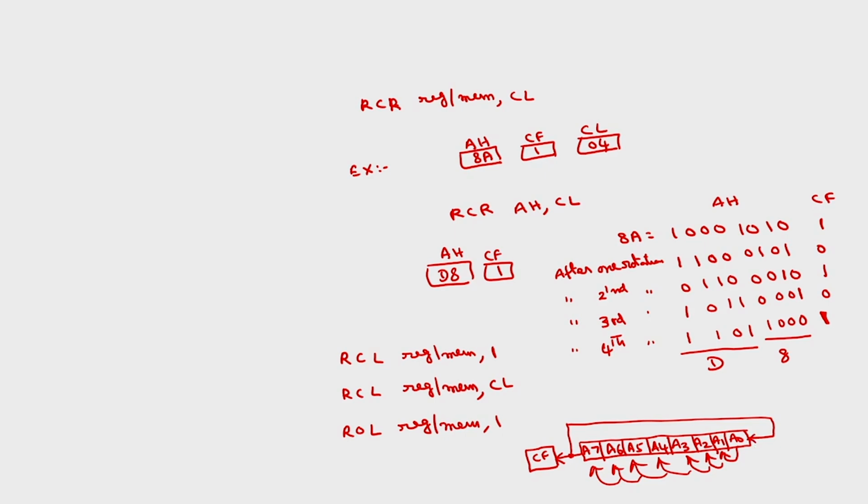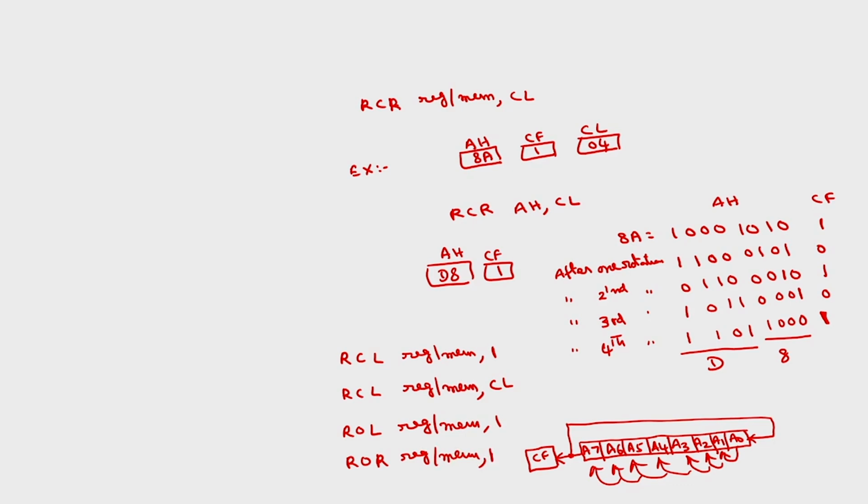In case of RCL, this A7 will go to carry, the carry contents will go to A0, whereas in case of ROL, A7 will go to carry as well as A0. Okay. So if I take the example of the same 8A, and similarly we have ROR register, comma memory, comma 1.